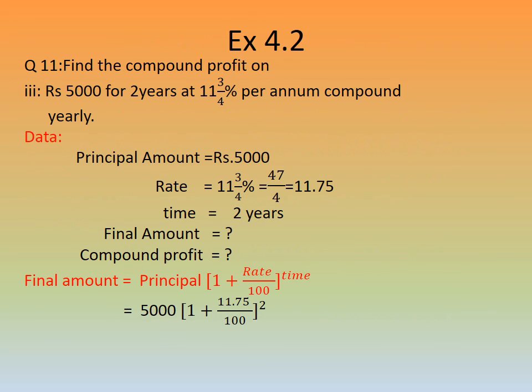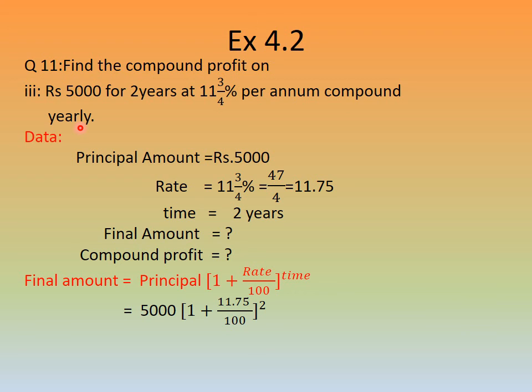Now we will solve problems relating to compound profit. Exercise number 4.2, question number 11. Find the compound profit on rupees 5,000 for 2 years at 11 whole 3/4% per annum compound yearly.